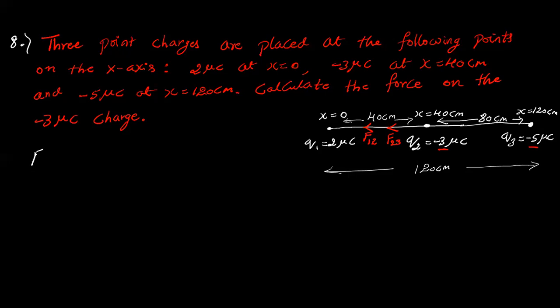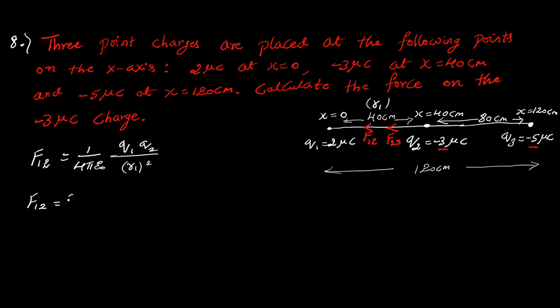To find F12, the force between charge 1 and 2, use Coulomb's law: Q1 Q2 divided by R square, where R is the distance between the first two charges. I can call this R1. R1 square, that is 40 centimeter.